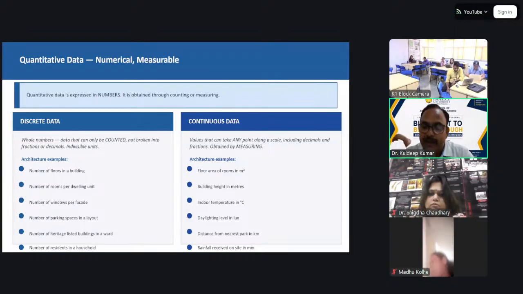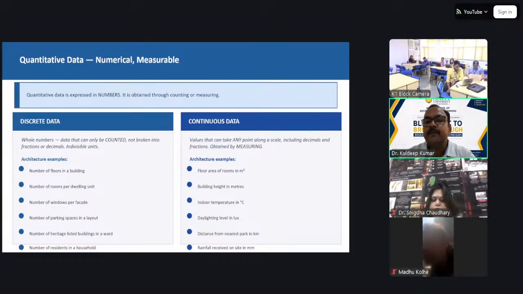The values have to be distinct, like the number of floors in a building, 3, 5, 12, and so on, the number of rooms in a dwelling unit, the number of windows in a facade, or the number of parking spaces in a layout. You cannot have 2.3 floors, or 3.7 windows in a facade. So the value in discrete data has to be a whole number.